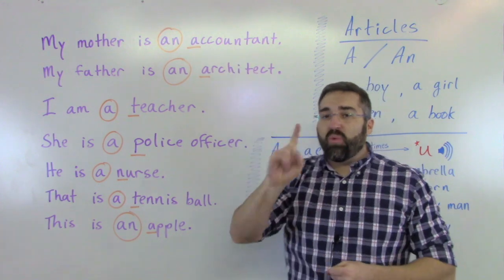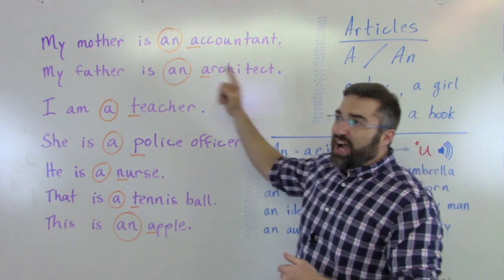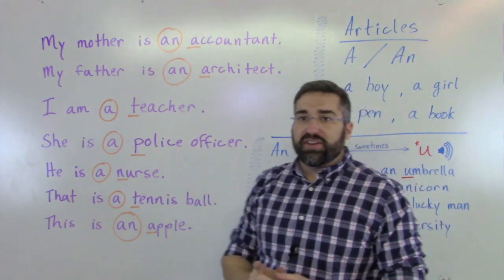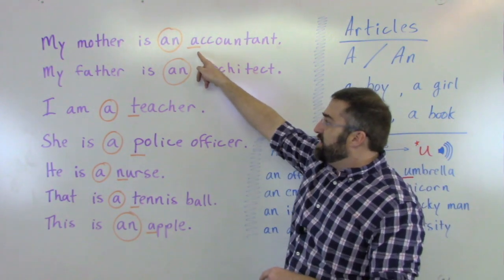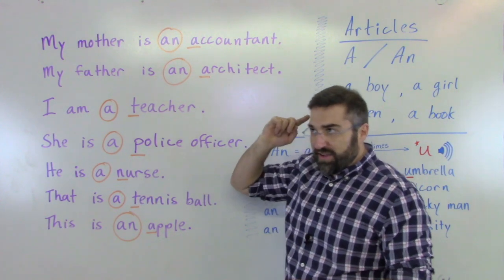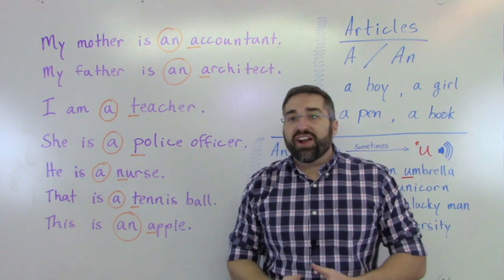Am I talking about one person or one thing? Should I use a or an here? Is it a good idea to use a or an? If I'm using an a sound, I should use an, correct? So be very careful about articles.